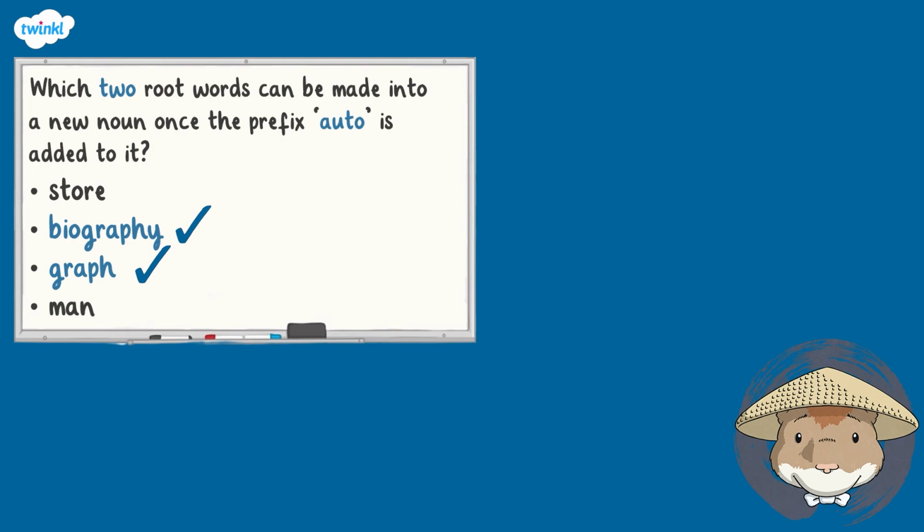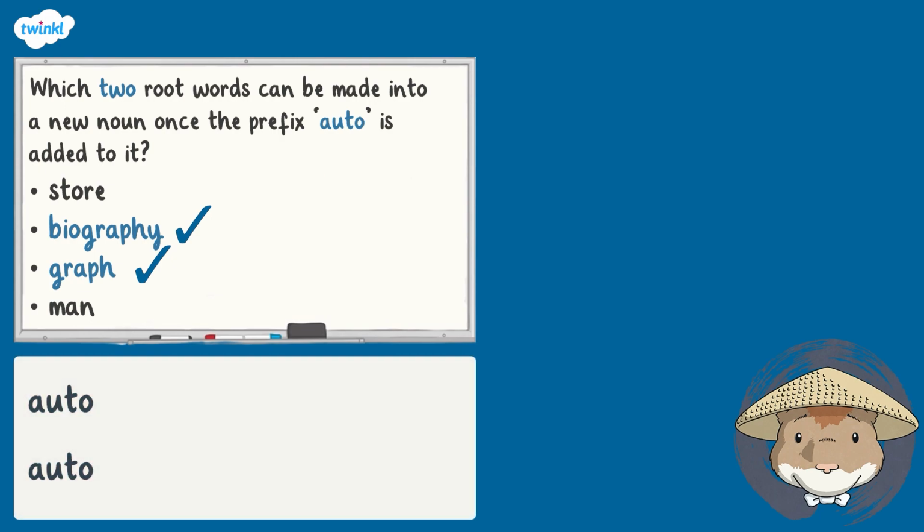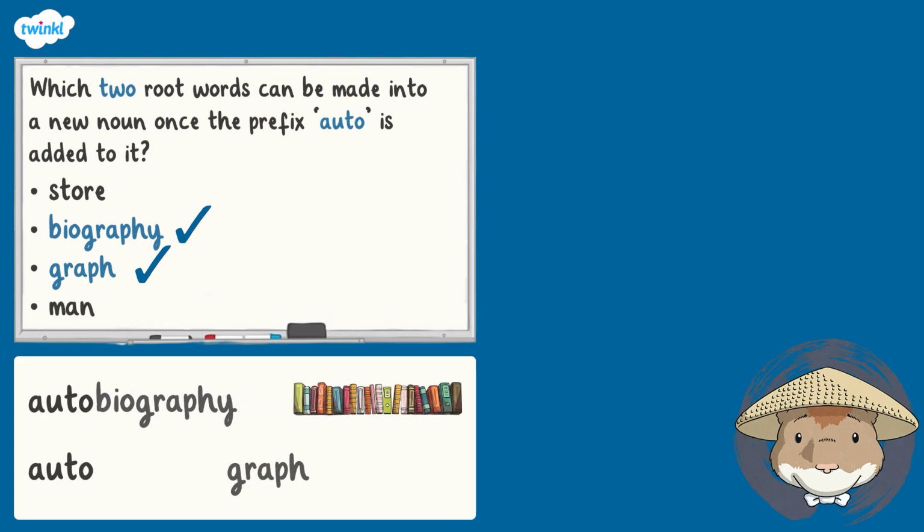Adding the prefix has made two new nouns, autobiography and autograph. The meaning of the prefix auto is self. An autobiography is a life history of a person written by that person themselves. An autograph is a signature written in the author's own handwriting.